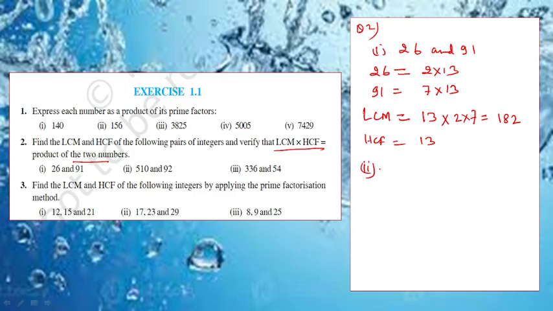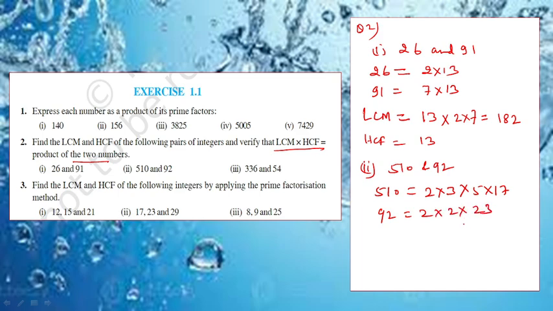Similarly, second one, 510 and 92. So 510 we can express as 2 into 3 into 5 into 17. Okay, and 92 we can write as 2 into 2 into 23. Now the common factor, this 2, so HCF is equal to 2, and the others are not common.